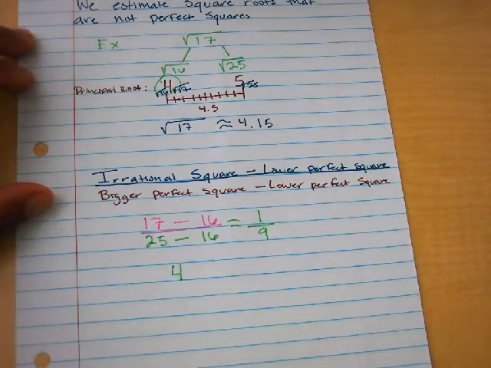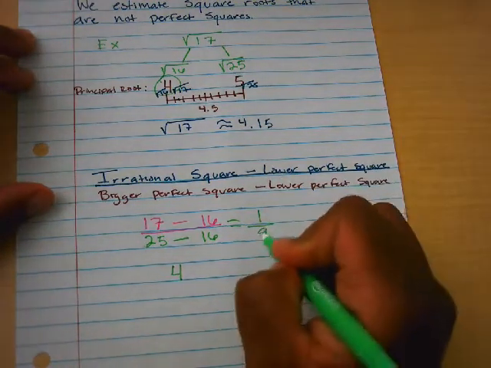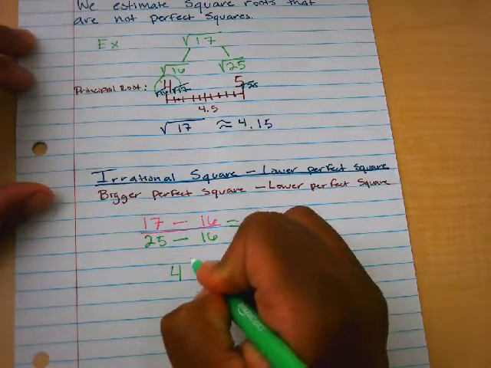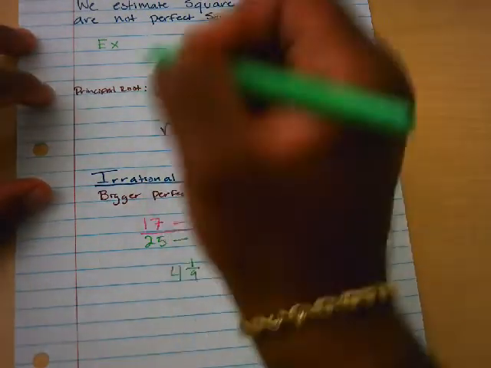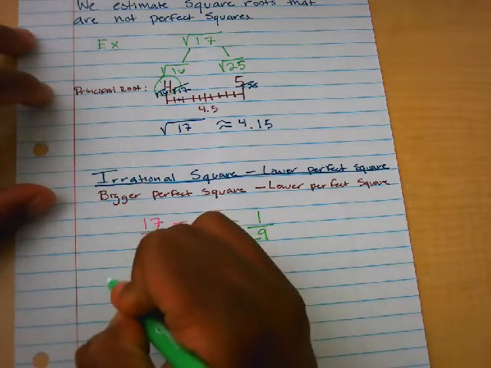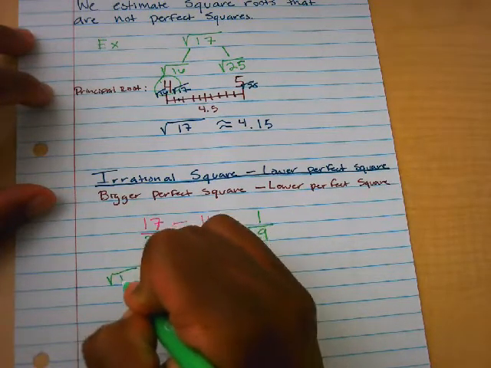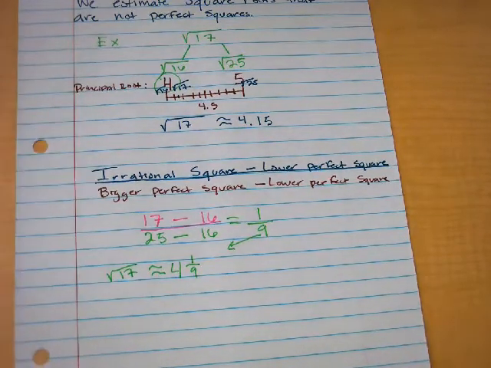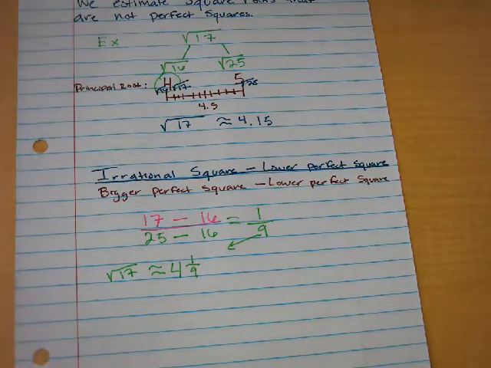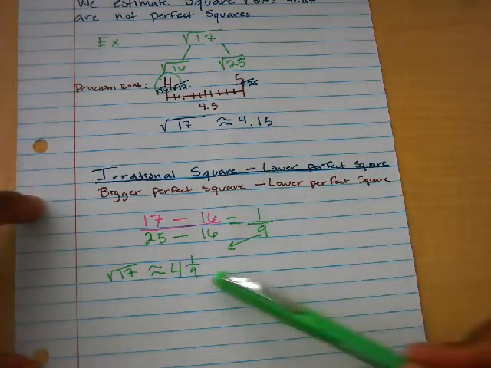Okay, and we bring this down here. So it's 4 1/9. So the approximate value of the square root of 17 is 4 1/9. So using this formula, it gives us the fraction.